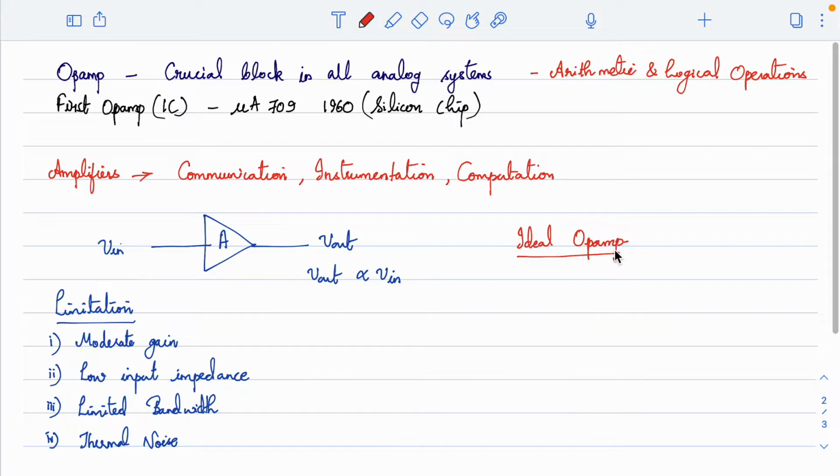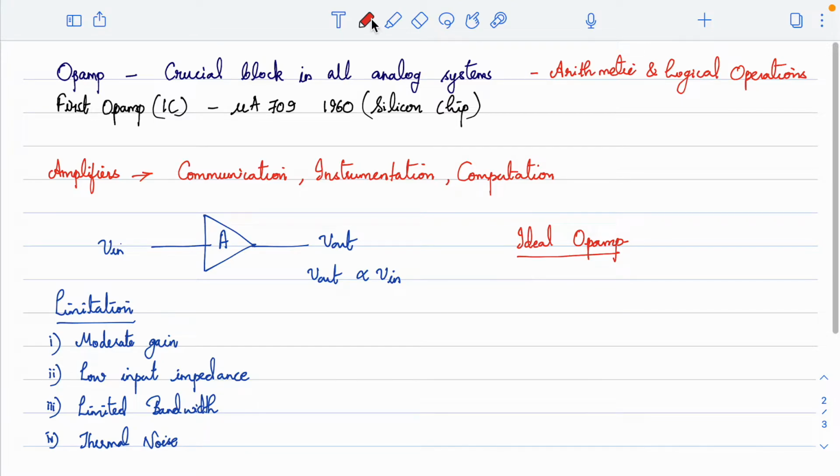So covering the limitation means, if one limitation of a regular amplifier is moderate gain, op-amp is supposed to give very high gain. In fact, if you talk about the ideal characteristics of an op-amp, the op-amp is supposed to give you an infinite gain. Alright, so that is how we list the features of an ideal op-amp, which can cover the limitations of the regular amplifiers.